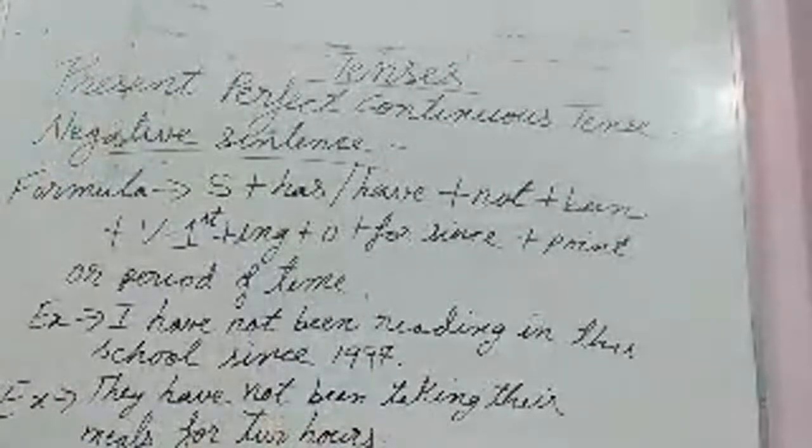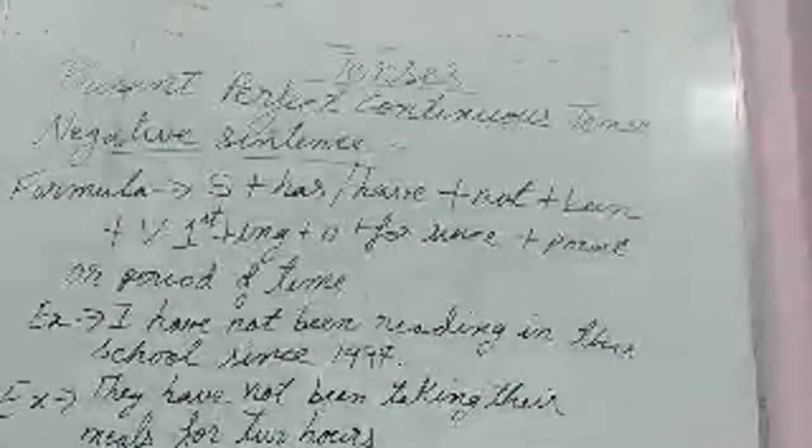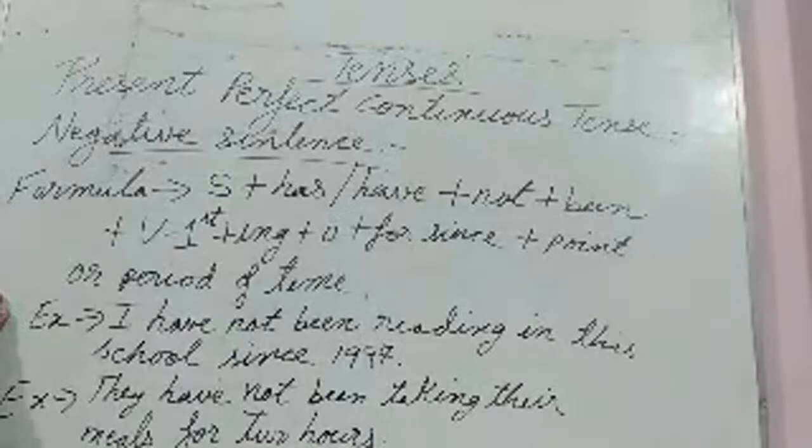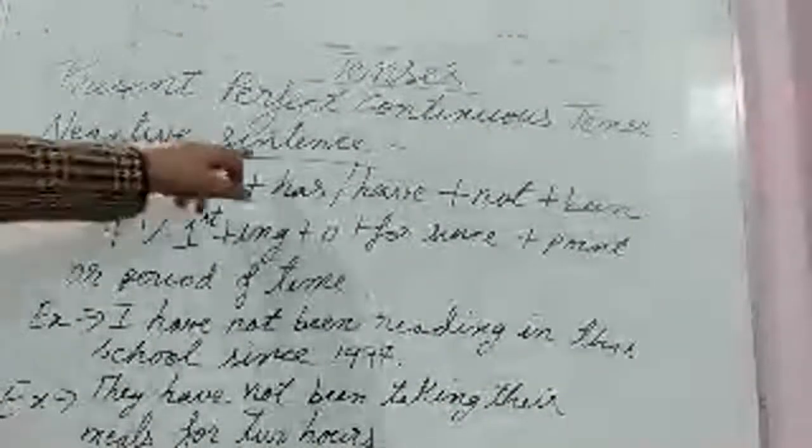The sentence is: they have not been taking their meals for 2 hours. So these two are the examples or sentences related to the formula of the negative sentence.